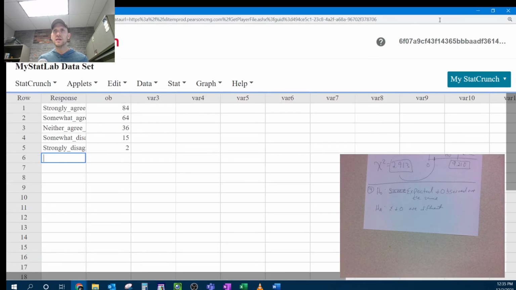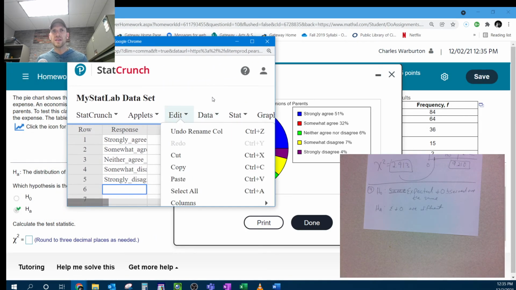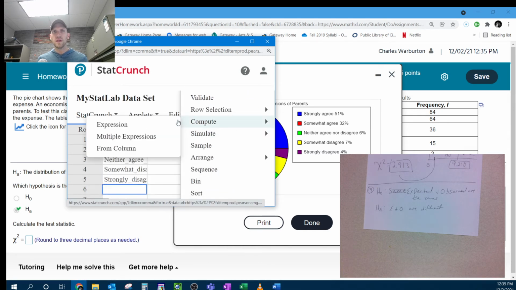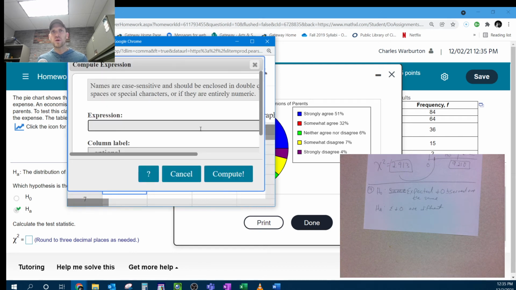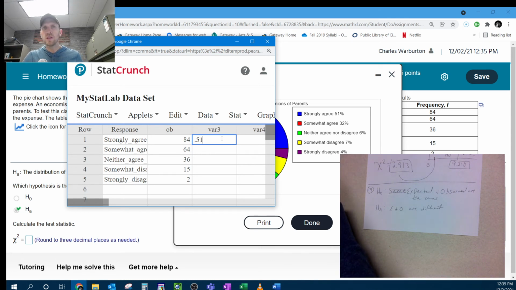So I will look in StatCrunch, and I will tell StatCrunch to go ahead and in data, go ahead and let's compute a new expression. In my new expression, let's go ahead and put in those percents. I'm going to put in the percents as decimals. So 51%, 32%, 6%, 7%, 4%.